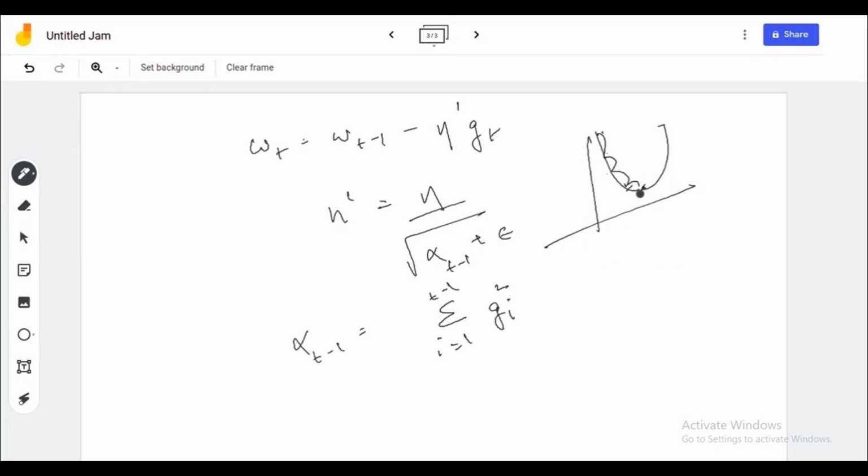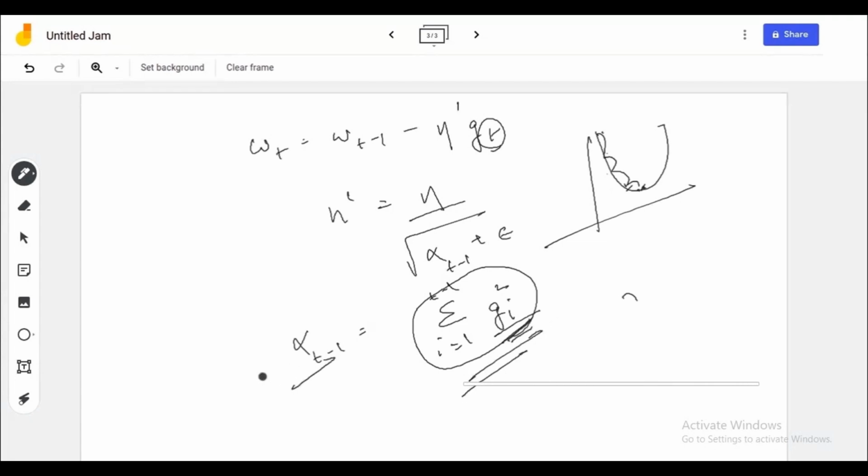Think about this: for every next iteration, we are getting a new gradient. So this whole thing increases, because this is basically the sum of the squares of the gradients, right? If the gradients increase, this has to increase.